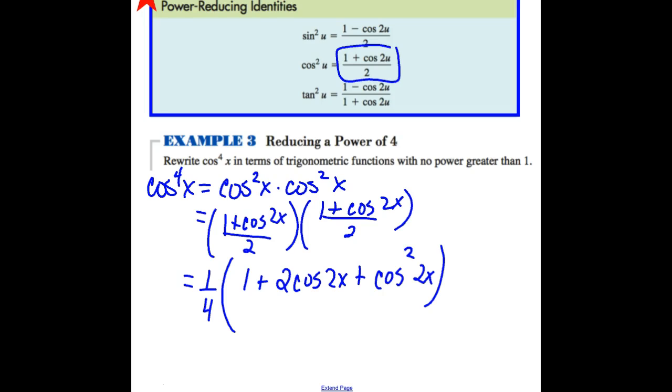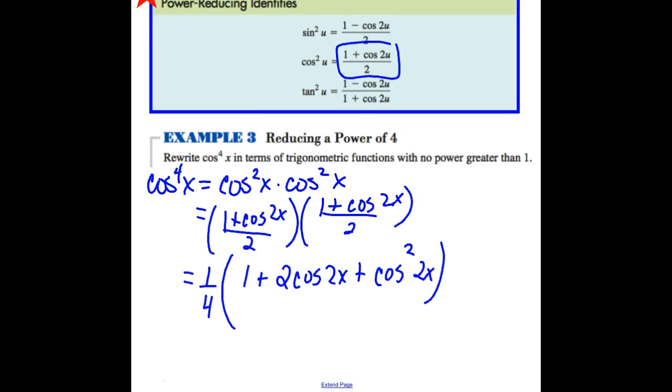Okay. Have we completed what they've asked us to do? Have we brought it down so that it's only first powers? No. We got some of it down. All right. This middle term here, the 2 cosine 2x is fine. But this piece right here has to be reduced again. And this is why the algebra comes in and gets messy, because you've got fractions within fractions.